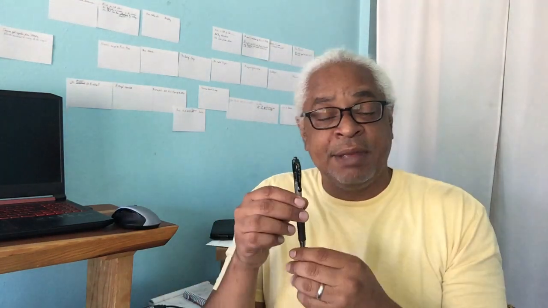What it doesn't capture, or what has to be represented or recreated, is that third dimension, that dimension of depth, where an object like this pen gets closer and closer and closer to the camera.